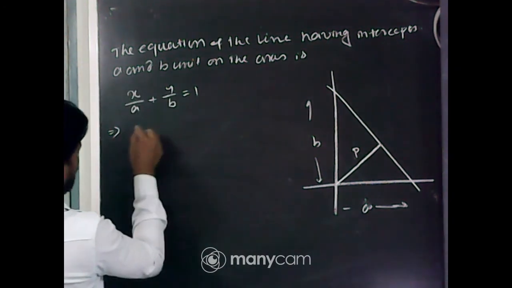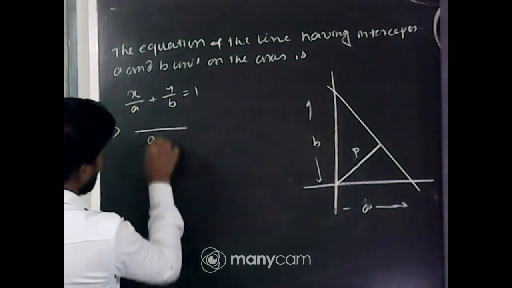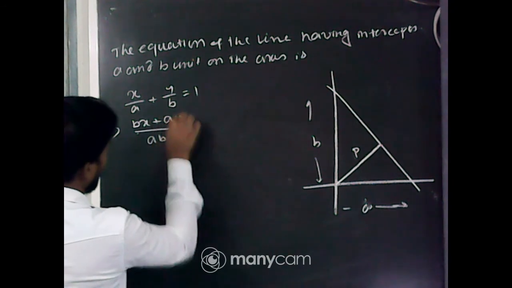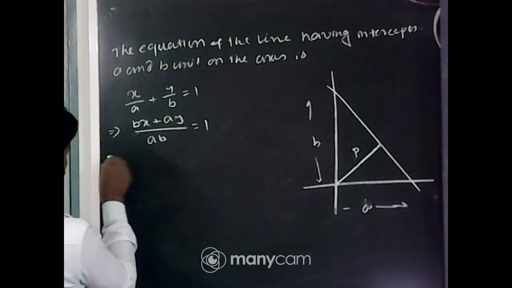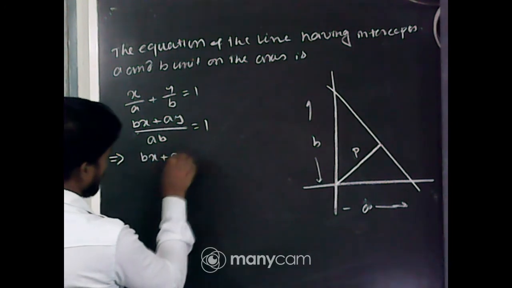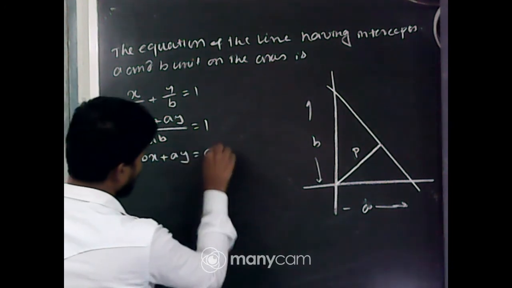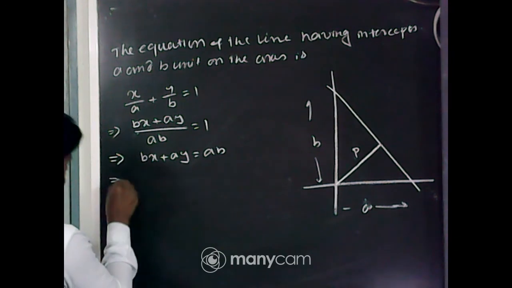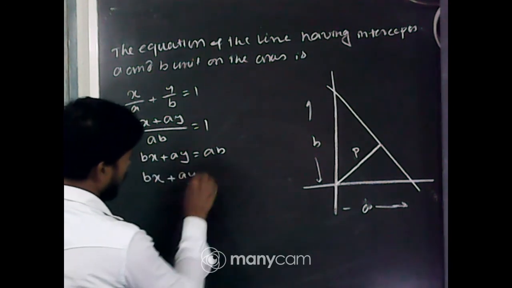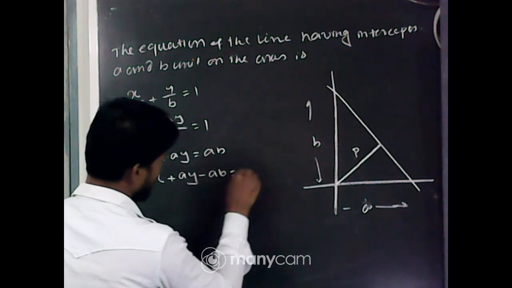Now do the LCM. So LCM will be AB. So that will be BX plus AY is equal to AB. Now that means BX plus AY minus AB is equal to 0.